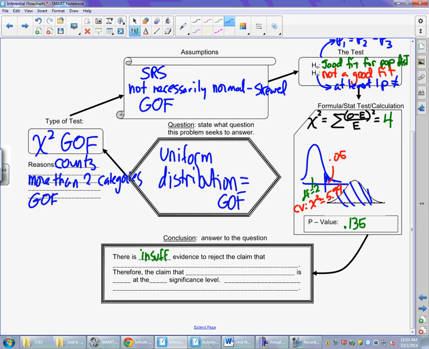Or we could say that there's no difference in the population proportions among the different categories. That flows a little better, so let me do that. That there is no difference in population proportions among the different categories.